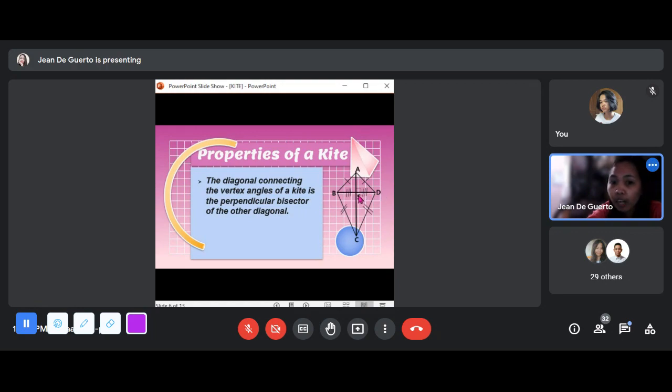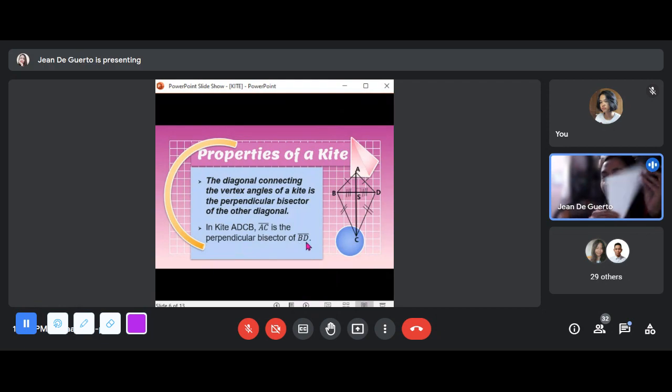That means they are congruent. So our segment AC not only forms 90-degree angles with segment BD, but it also becomes a bisector of segment BD. When you use the word bisector in geometry, it means the part is being divided into two equal measures. It is not just divided, but divided equally. Okay? So in kite ADCB, segment AC is the perpendicular bisector of segment BD.